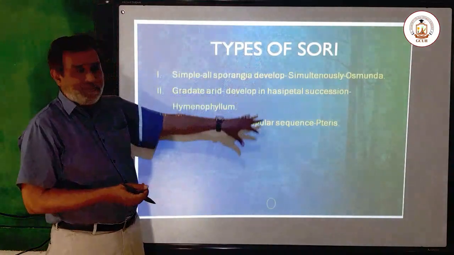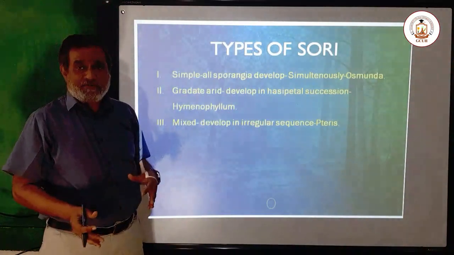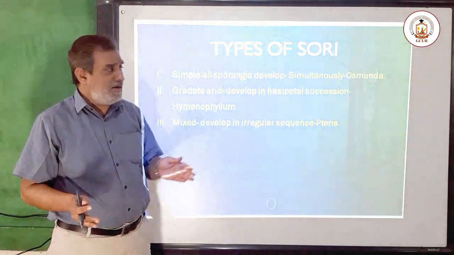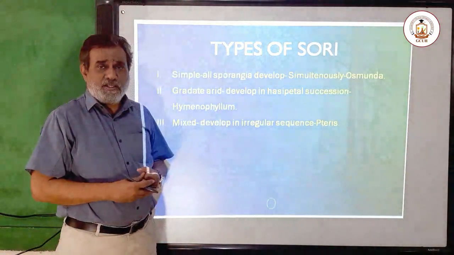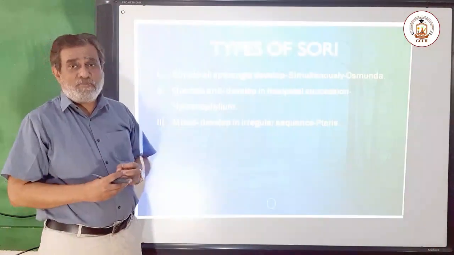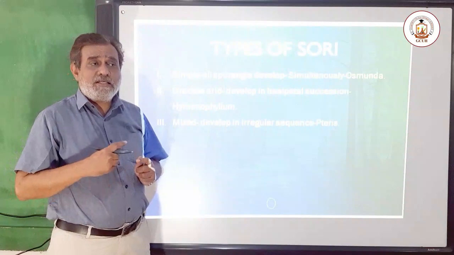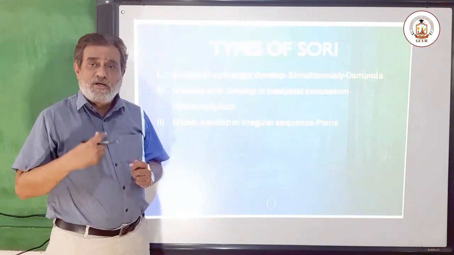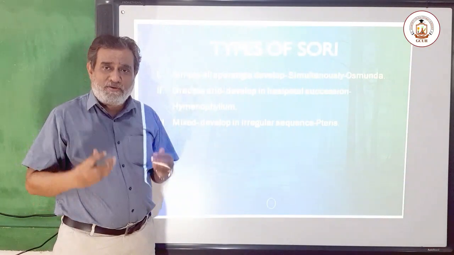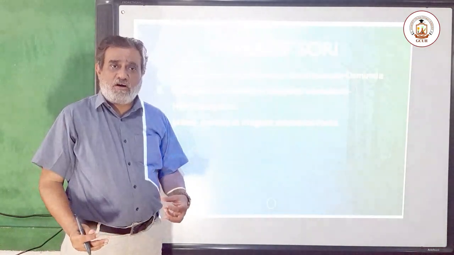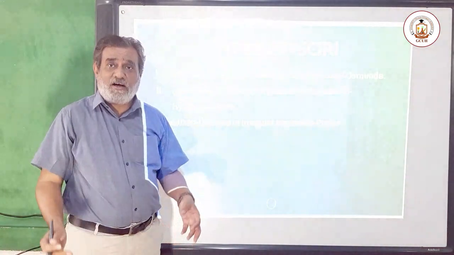So these three types of sori are present in different plants, as I have shown you in the examples, and they are classified on the basis of the pattern of maturity of the sporangia in them.